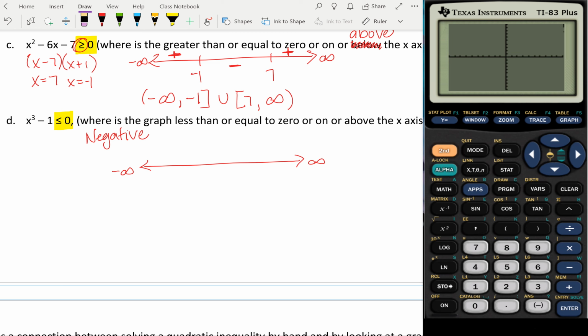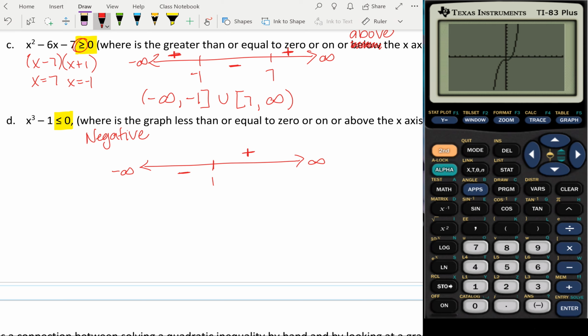Let's take a look at it on the graph. Where does it cross the x-axis? Well, it crosses at 1, so I'm going to put my 1 right here. All my answers to the left of that 1 are negative. All my answers to the right of that 1 on the x-axis are positive. Again, I'm looking for where the answers are less than or equal to 0.